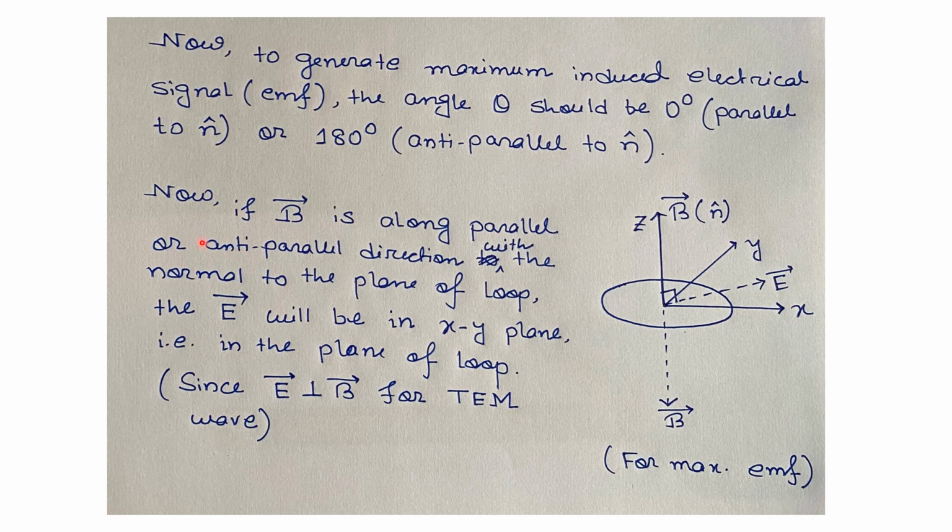Now if the magnetic field vector B is along parallel or antiparallel direction with the normal to the plane of the loop, the electric field vector of the EM wave will be in the xy plane, that is in the plane of the loop, since the electric field vector and magnetic field vector are mutually perpendicular for a TEM wave, that is transverse electromagnetic wave.